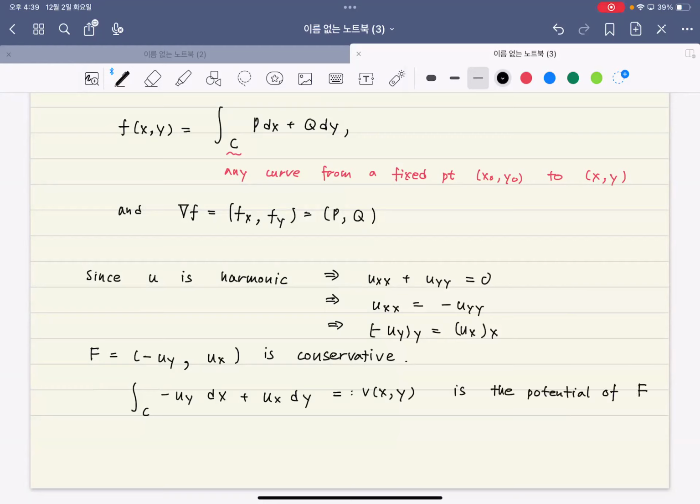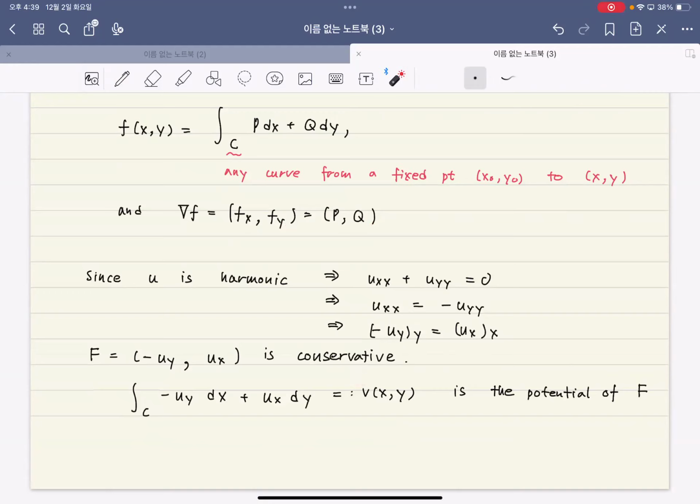Since this guy is a potential function, this potential taken derivative with respect to x must be the same as the x component of this vector field, which is minus uy, and the potential function taken derivative with respect to y must be the same as the y component of this vector field, which is ux.